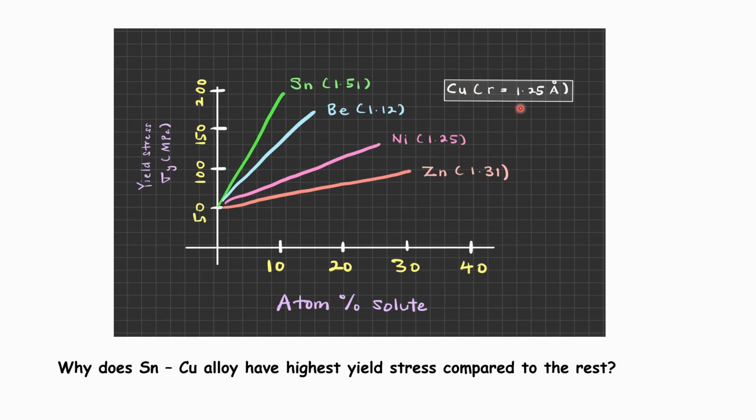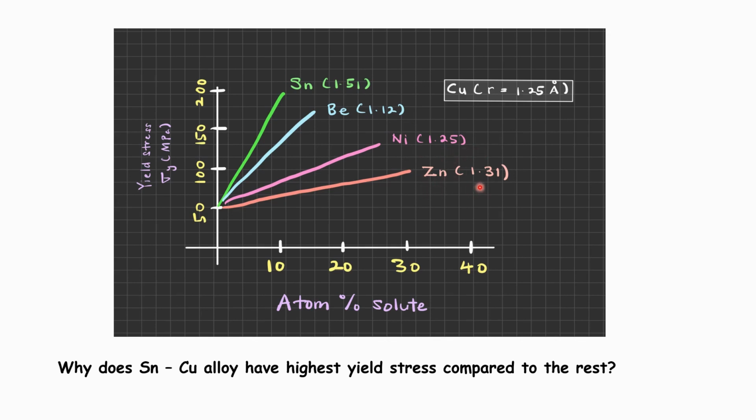Here we have strontium with 1.51, beryllium 1.12, nickel 1.25, and zinc with 1.31 angstrom radius.